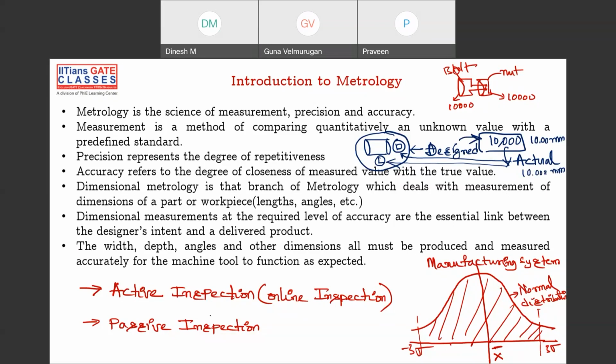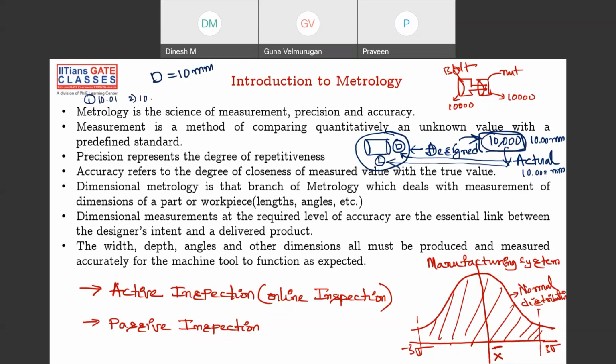So like that, if you take all the 10,000 items, let's say you have inspected them and measured the actual values. Now, what is repetitiveness? Let us assume your diameter design value is 10 mm. You want to manufacture 10 mm, and if you measure it, the first object out of 10,001 gives you 10.01.